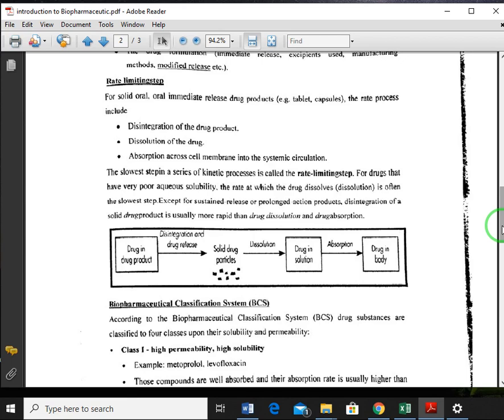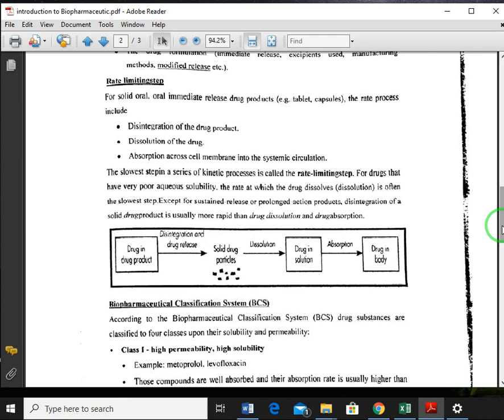If the disintegration is smart, then the dissolution will be smart and absorption is excellent. But if the disintegration is poor, then the dissolution will be affected and absorption will be minimal. But keeping in mind, some drugs have been modified, like in the case of sustained release or prolonged action product.